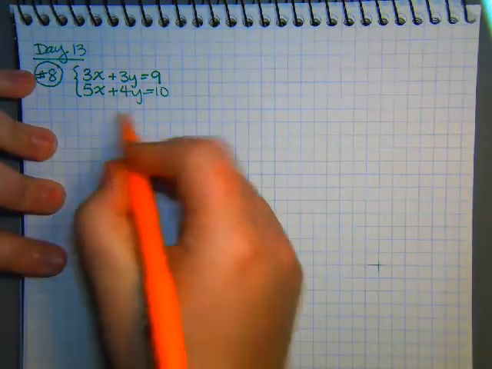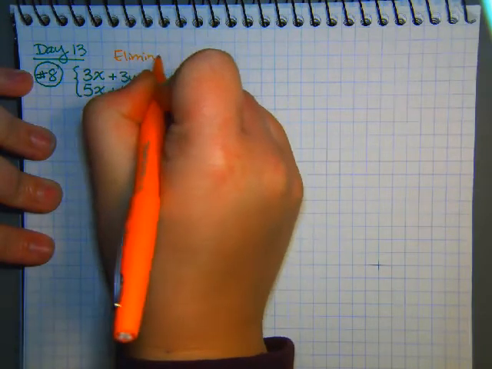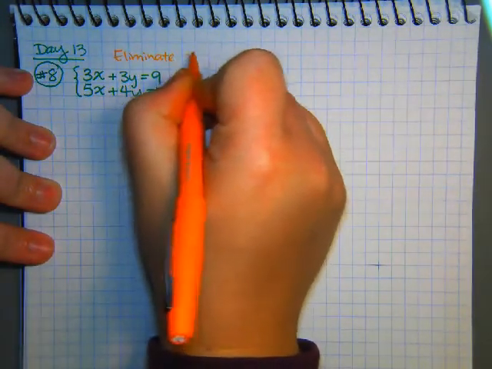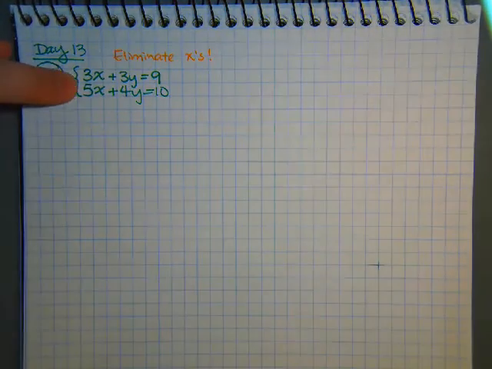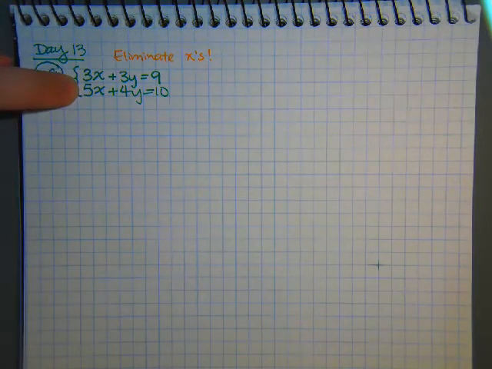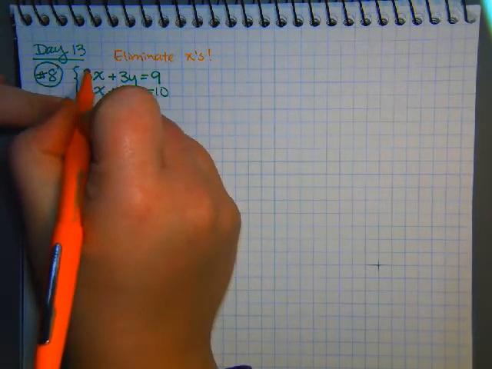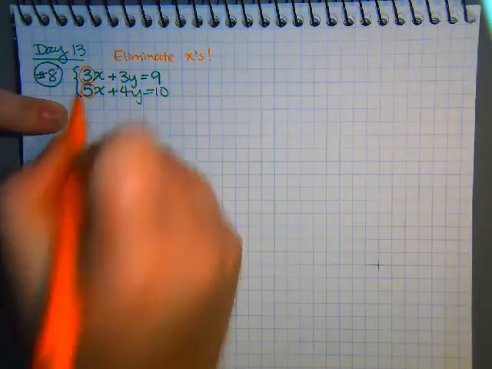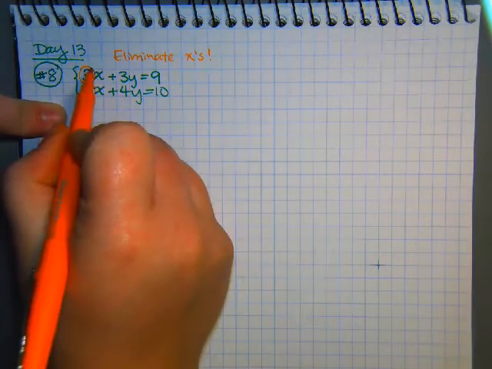So let's just say that I'm going to try and eliminate the x's. Okay, so if I'm going to eliminate the x's, I need these coefficients to be the same or the same with opposite signs.